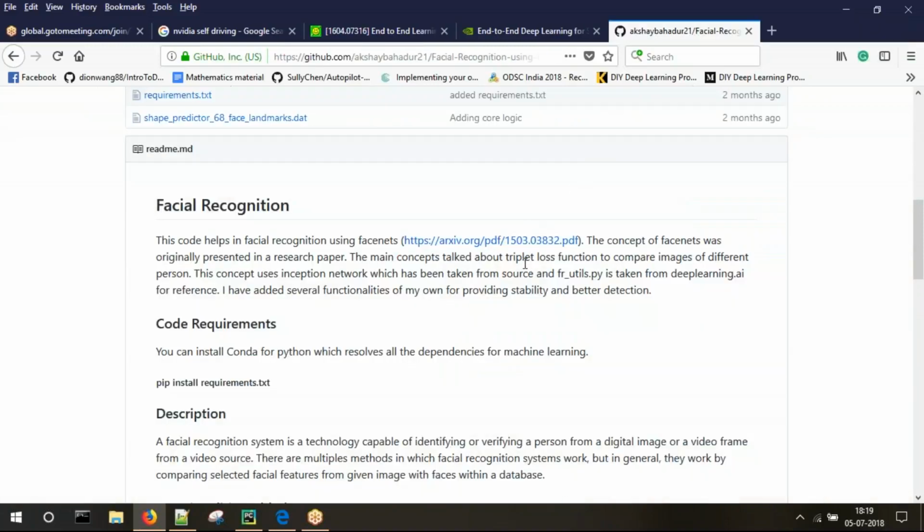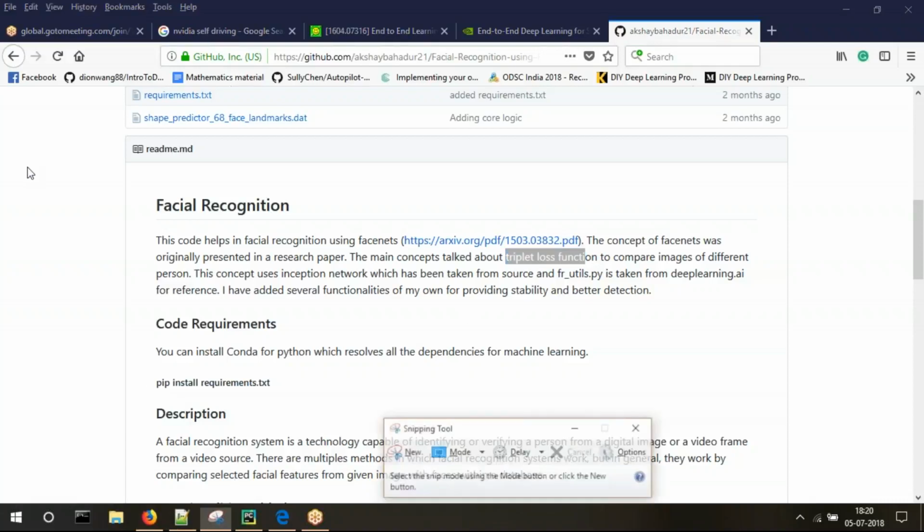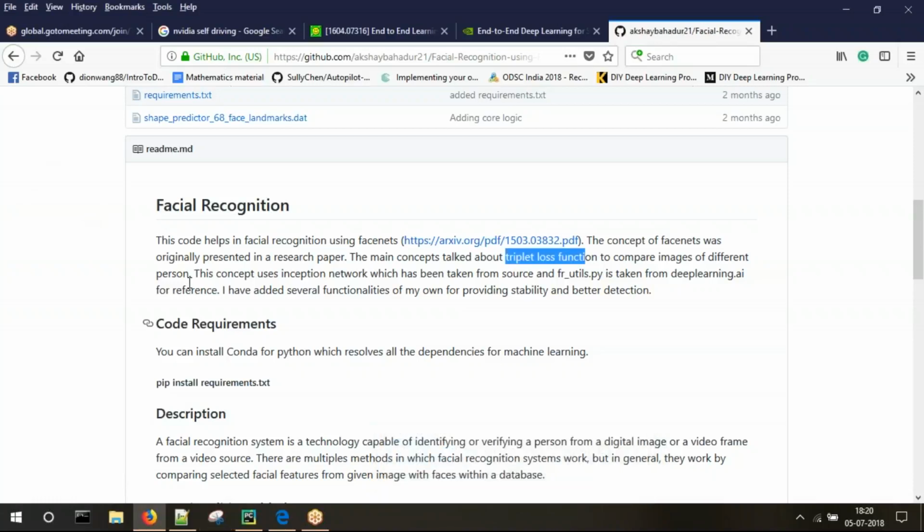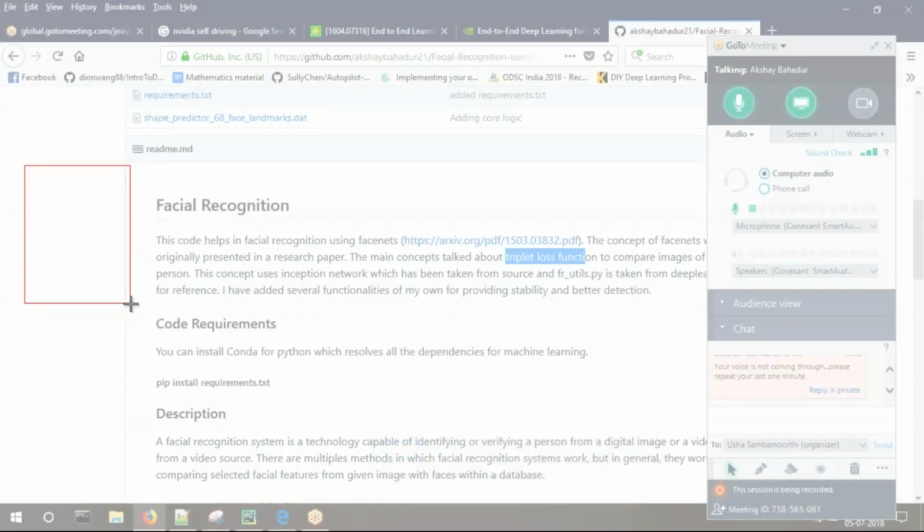And in this, we have actually developed our own loss function. This was already mentioned in the paper, and it is known as the triplet loss function. Triplet loss function is what actually trains your model. So you take the training images in the form of a triplet. You will have one anchor image, and let me draw the diagram for you, and then you will be able to work on that very efficiently.